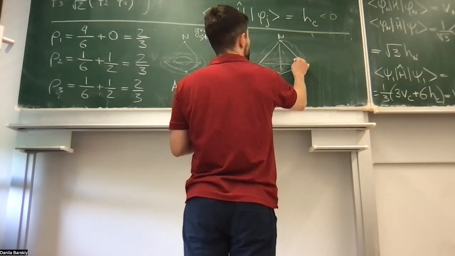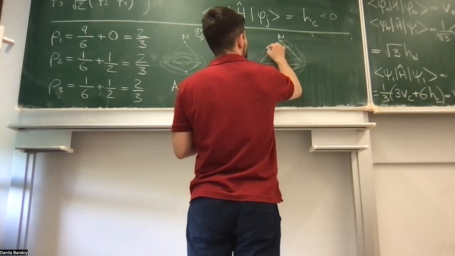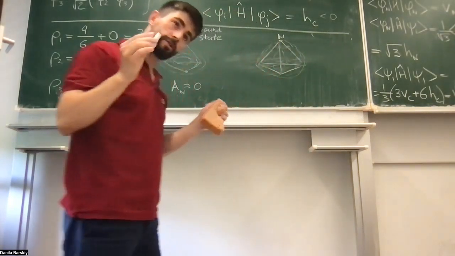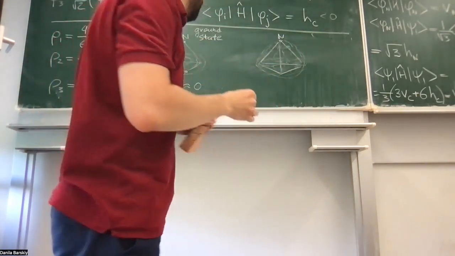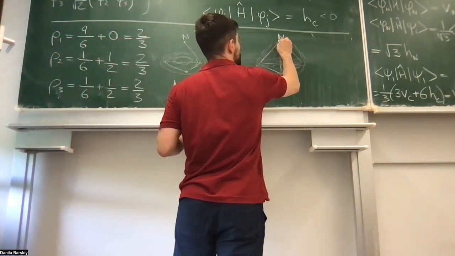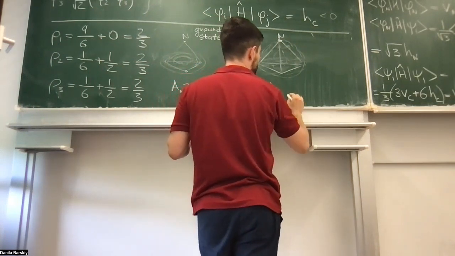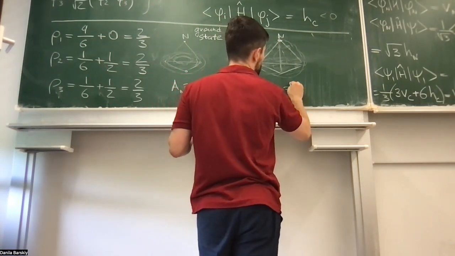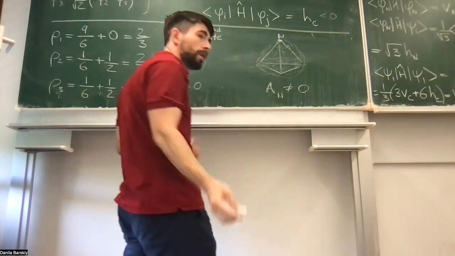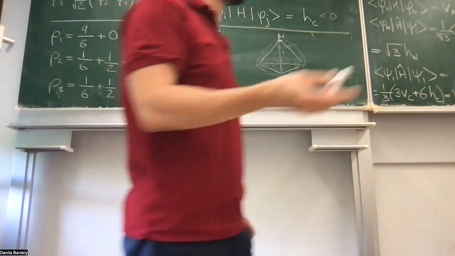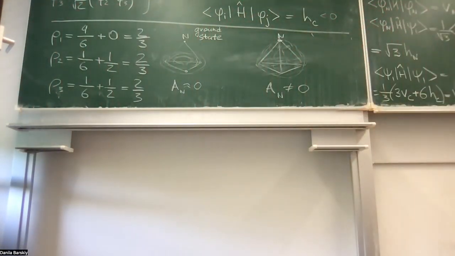Therefore, maybe their average distance will be a little larger. What's important is that you now have a non-zero probability of the electron being on the nitrogen, so the coupling is going to be much larger. That's what I know from the literature on NV centers: in the excited state you have a large hyperfine coupling to nitrogen, but not in the ground state.